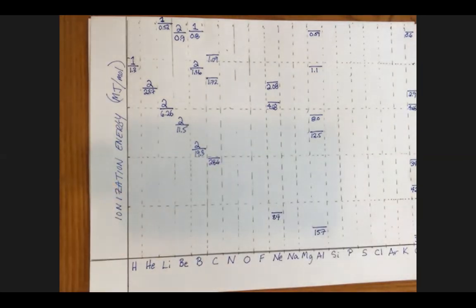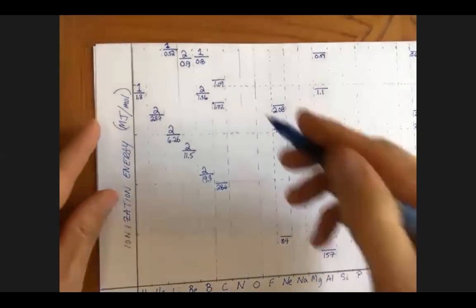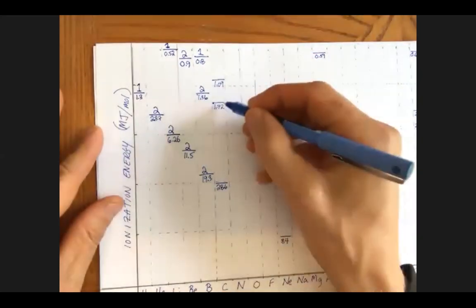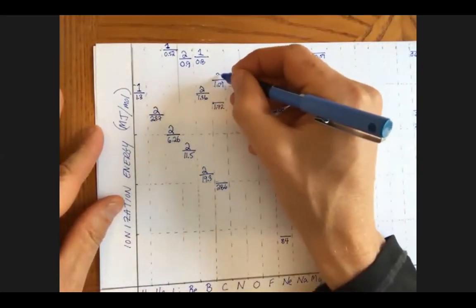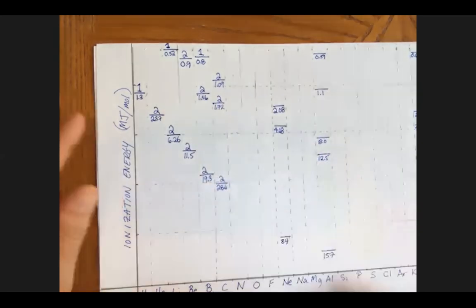So that gets me carbon's amounts of energy. Now we just got to figure out how many electrons are in each one of them. Looking at that, I see 3 peaks. They're all the same height, and they stretch over to 2 electrons. So there are 3 peaks, 1, 2, 3, and they each had 2 electrons: 2, 2, and 2.